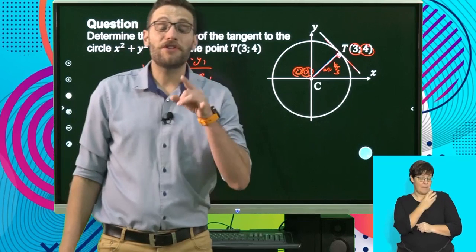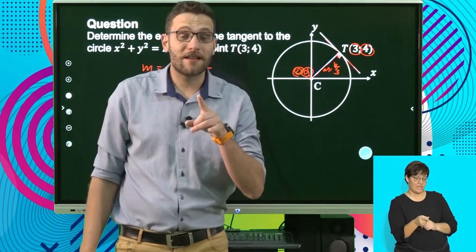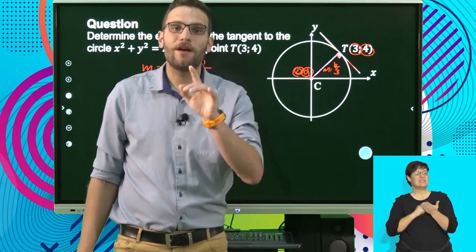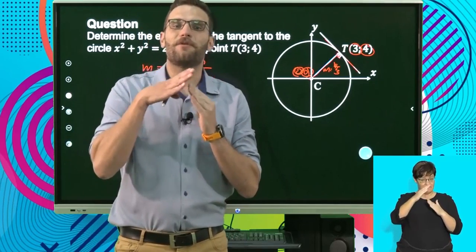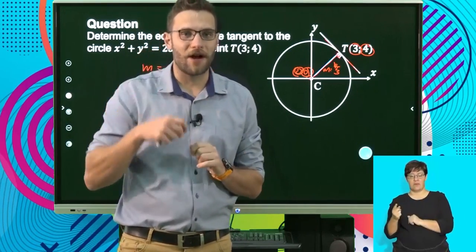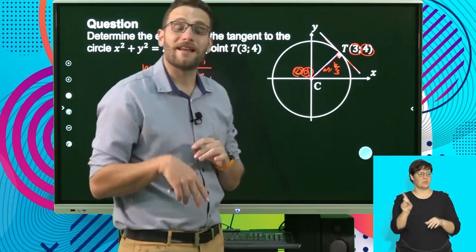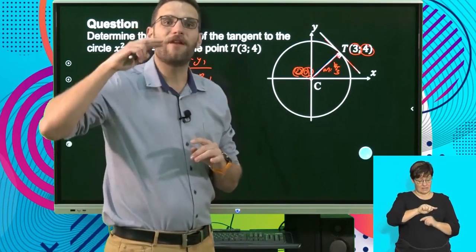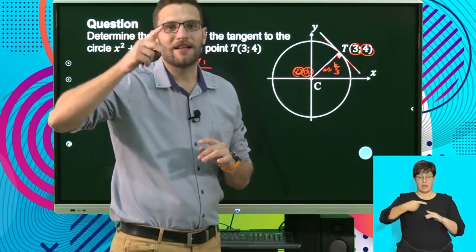Now, because the radius is perpendicular to the tangent, and we discussed that when lines are perpendicular the product of their gradients is equal to -1, what we decided is that to find the other gradient I can just flip over my gradient and change the sign.